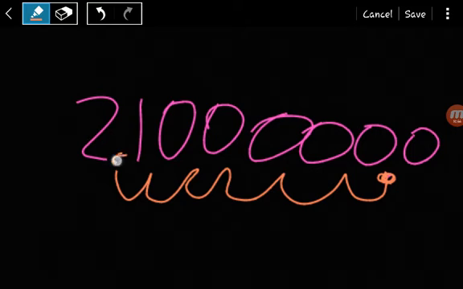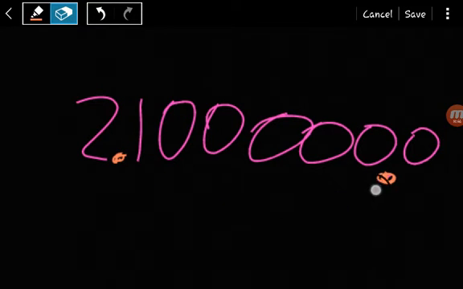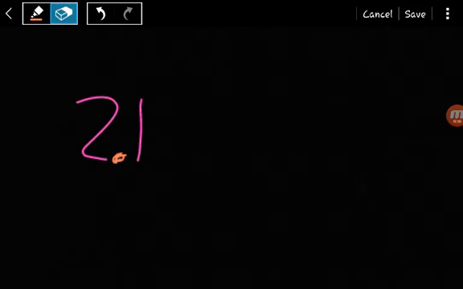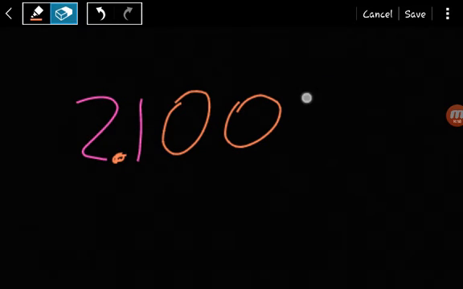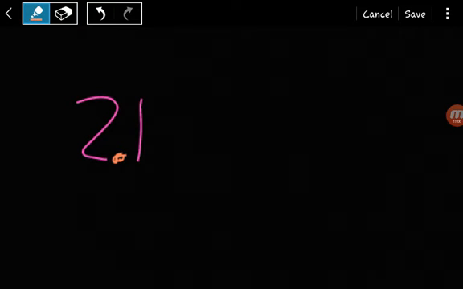Now, our number is 2.1. We can get rid of these because you don't really need those. You can add as many zeros as you want past here, 0, 0, 0, repeating. So now we have 2.1. And if you remember, we moved our decimal point over 6 times.